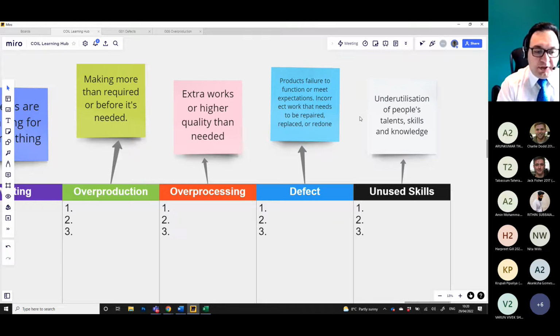Or you allocate wrong people to wrong tasks. They can't do it properly. They can't do it efficiently. So poor recruitment is a kind of unused skills waste. You can also say micromanagement is a kind of waste.